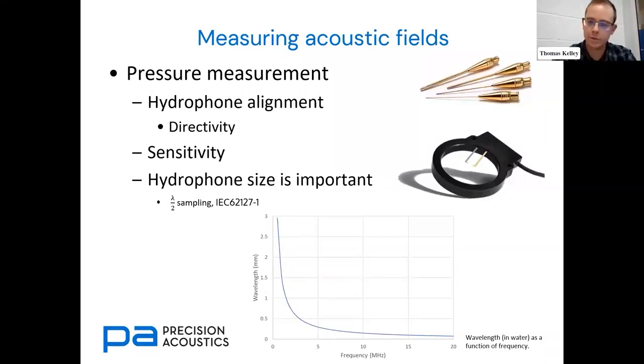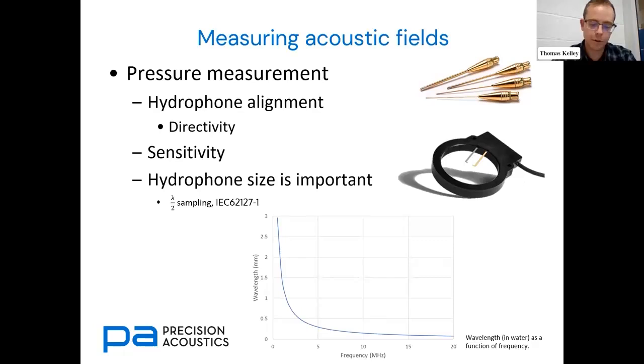These devices, which we've got a couple pictured here, as we saw earlier, some needle hydrophones and a membrane hydrophone, will typically produce a voltage in response to a pressure stimulus. And with proper calibration, the voltage reading can be converted into a pressure.